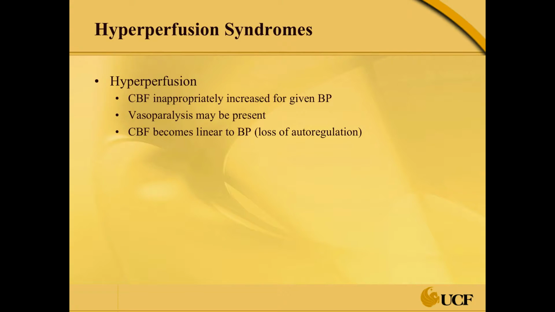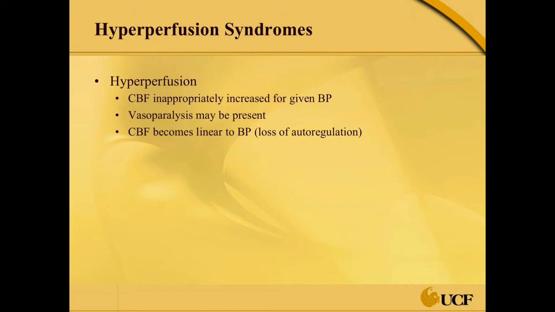There are also hyperperfusion syndromes where cerebral blood flow will inappropriately increase for a given blood pressure. And you also see in hyperperfusion syndromes vasoparalysis, and cerebral blood flow becomes linear to blood pressure. In other words, as blood pressure goes up, so does cerebral blood flow.